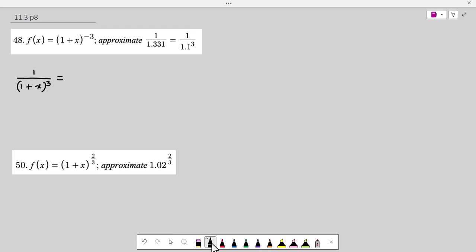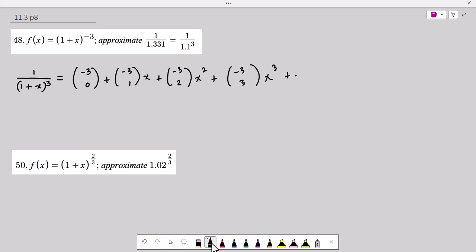So this p-value is -3. So this is going to be -3 choose 0, plus -3 choose 1 times x, plus -3 choose 2 times x squared. So this is the only pattern that you can write, just the binomial coefficient pattern. There's not going to be a numerical way to do it other than that.